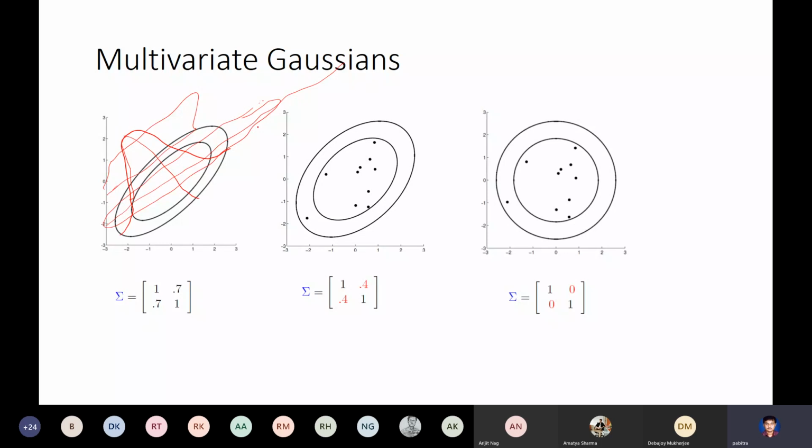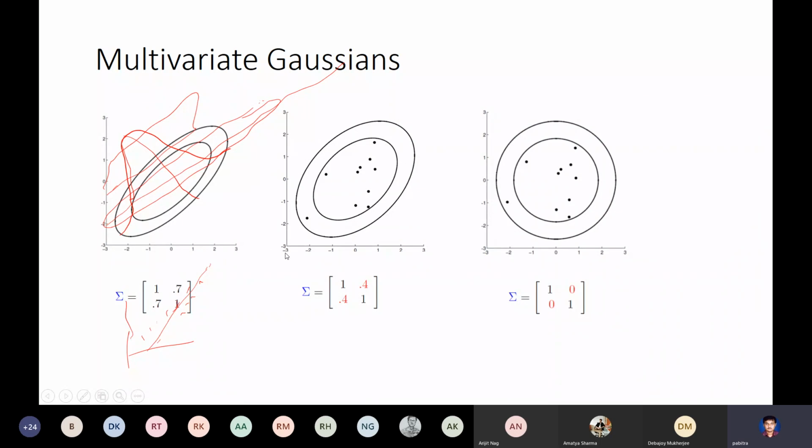So if we draw it, it would look like this. There is almost a linear relationship. And as you decrease your off diagonal elements, this property gets destroyed, goes away.